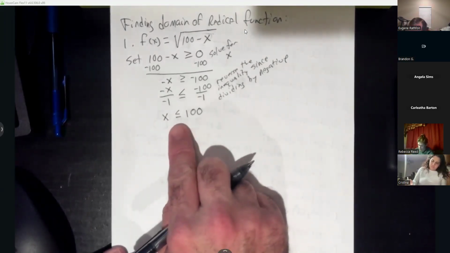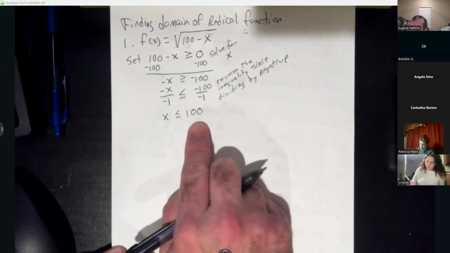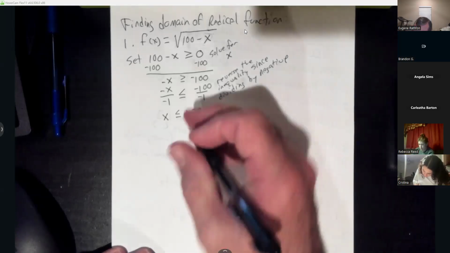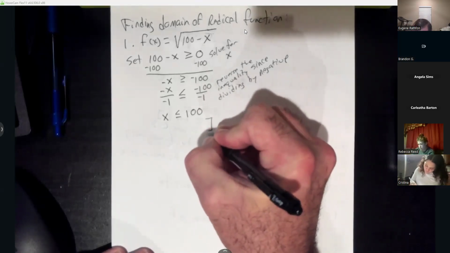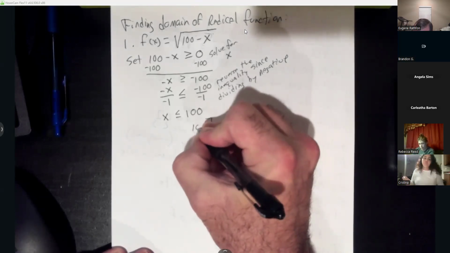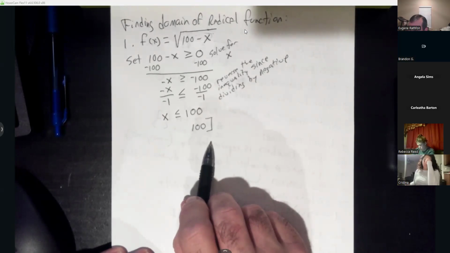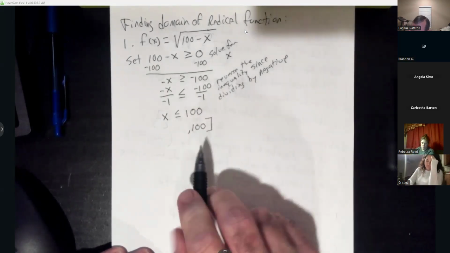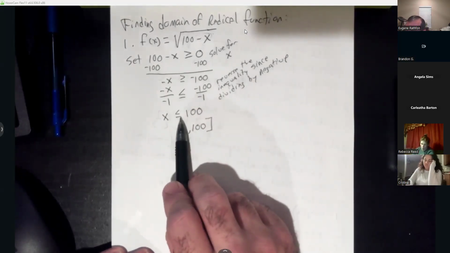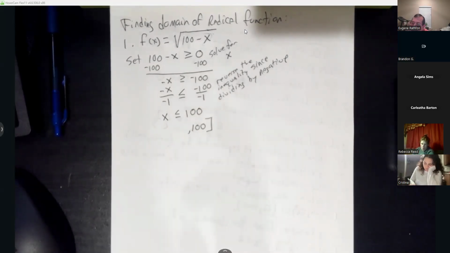So now look here. The largest number this can be is 100. So on the right side, my largest number is going to be 100, and it's going to have a bracket because of the equals.